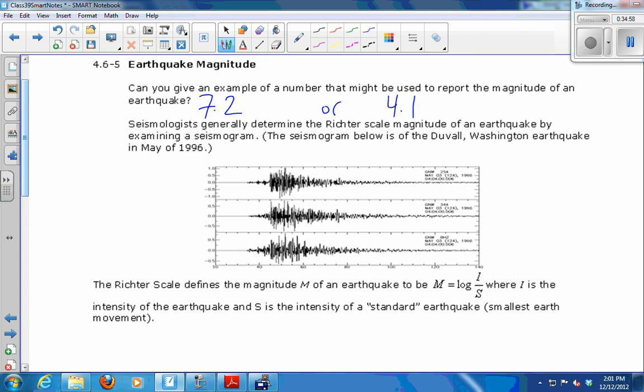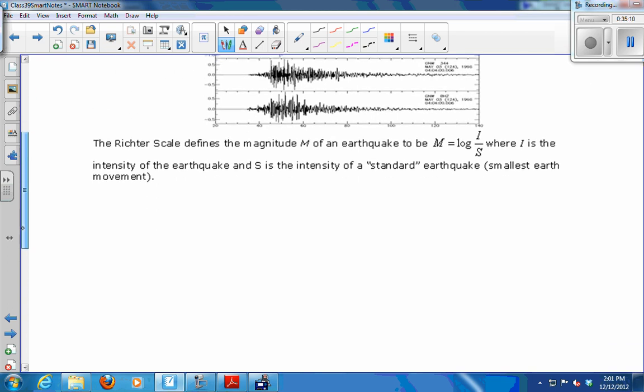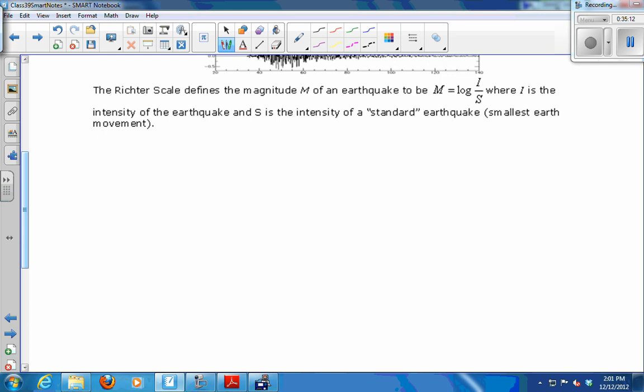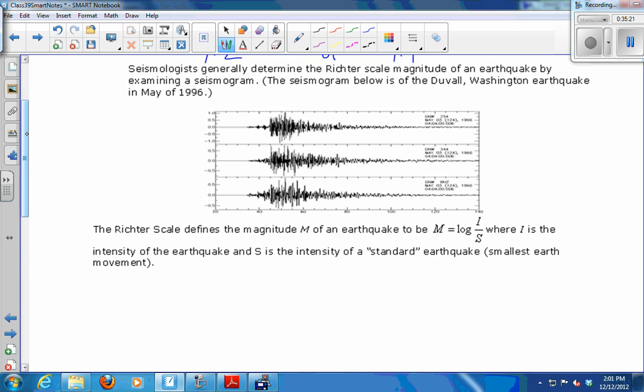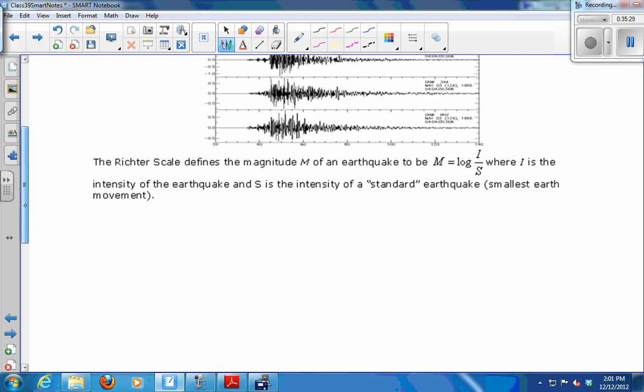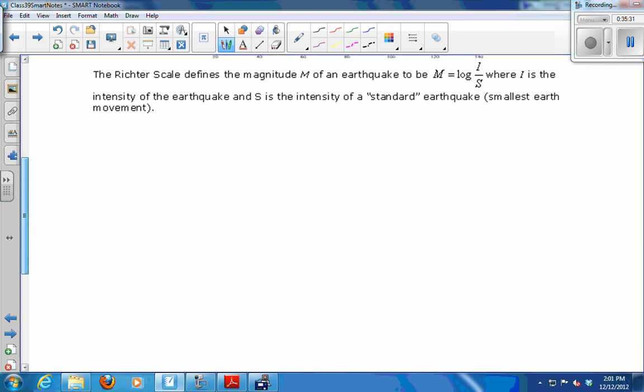Yeah. So seismologists generally determine the Richter scale magnitude by looking at a seismogram. This is just an example of one. It defines the magnitude of an earthquake as a log function. You take the log of the intensity of the earthquake, which you measure from the seismogram. It's the amount of movement of the earth, like how much earth is displaced, and it will be a very large number.